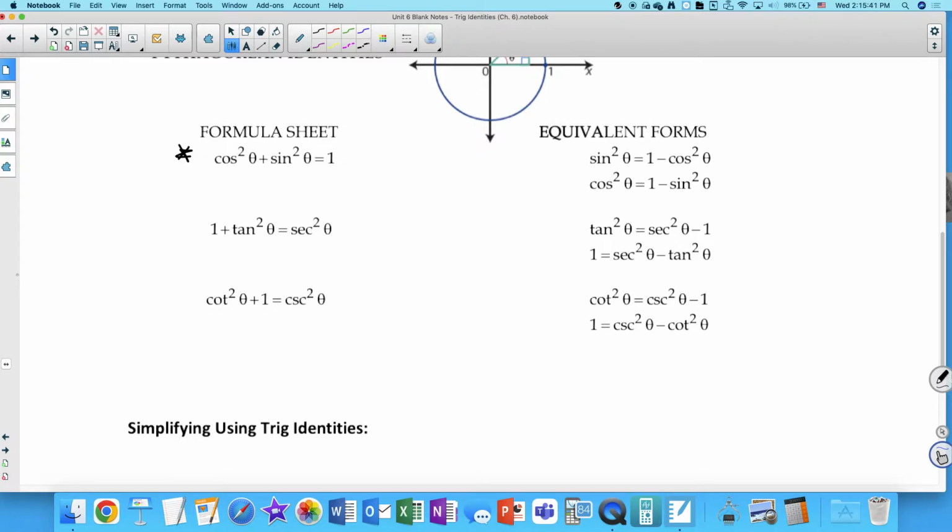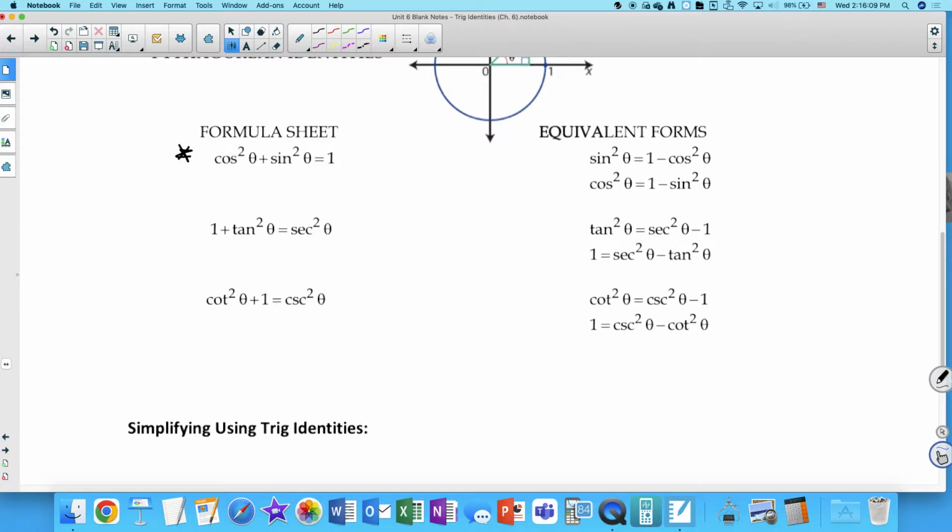The reason it's helpful to see these, although they are not on your formula sheet, is that quite often when we're using these identities, we want to arrange the equation so that sine squared theta is the piece that's isolated, because often what we want to do is a substitution. So it's helpful to know that you are allowed to move things about the equal sign.